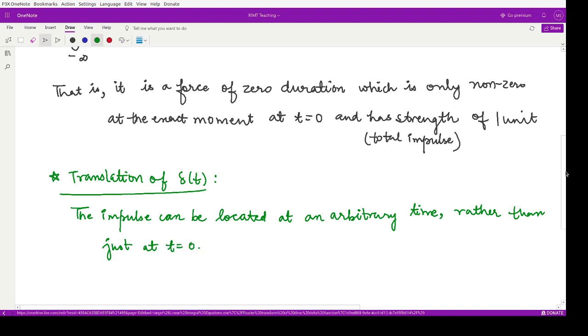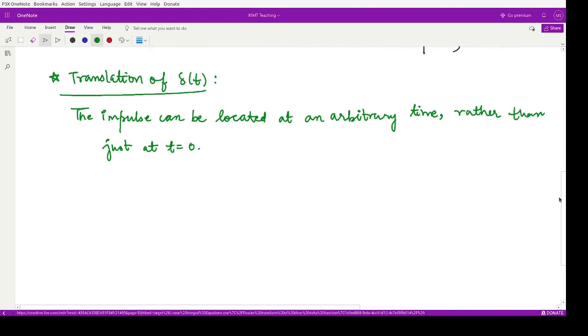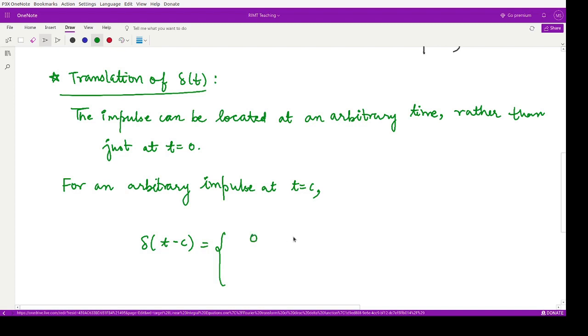So we are saying at some other point also the impulse could be there. Suppose for an arbitrary impulse at t equal to c, the Dirac-delta function at this position, which is displaced from 0 by c units to the right, is defined as 0 whenever t is not equal to c, and it is equal to 1 whenever t is equal to c.